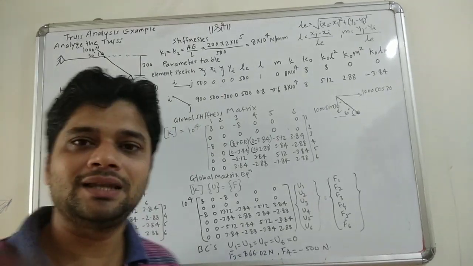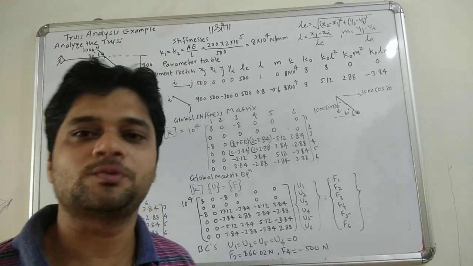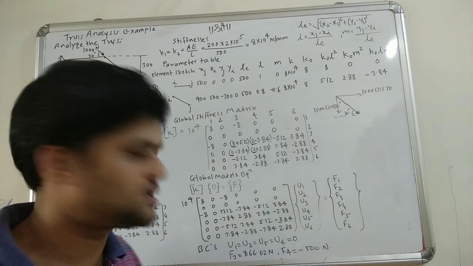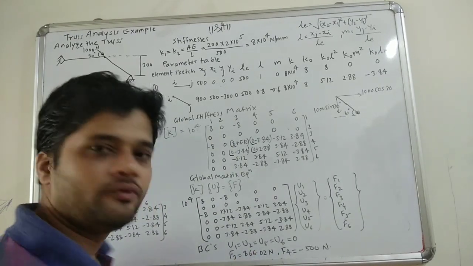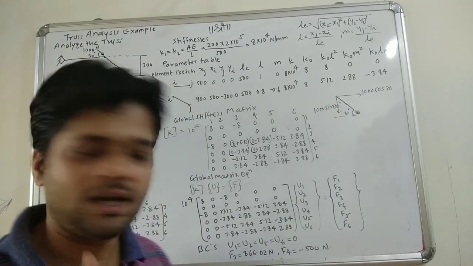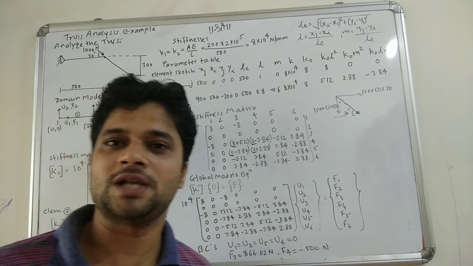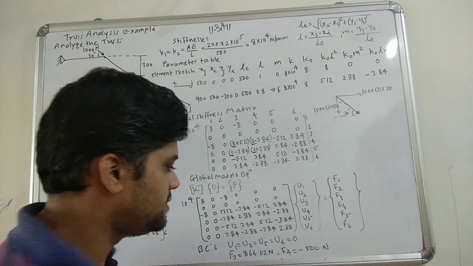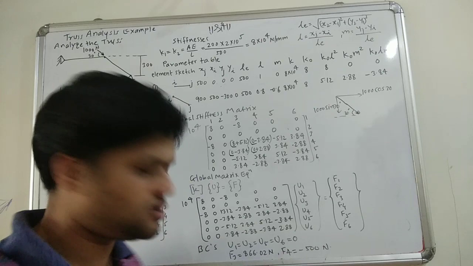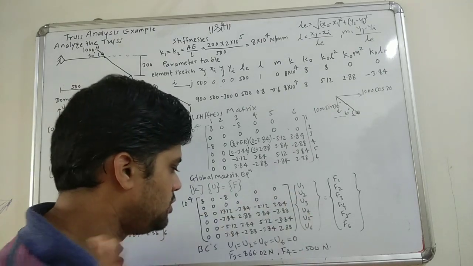So there won't be any displacements possible because the support is a fixed support. So u1, u2, which are the displacements in x and y on node 1, and the displacements in x and y in node 3, which are u5, u6, are all going to remain 0.